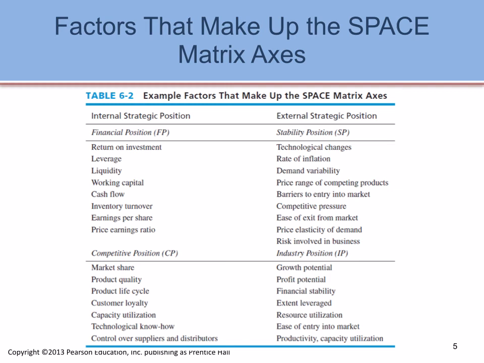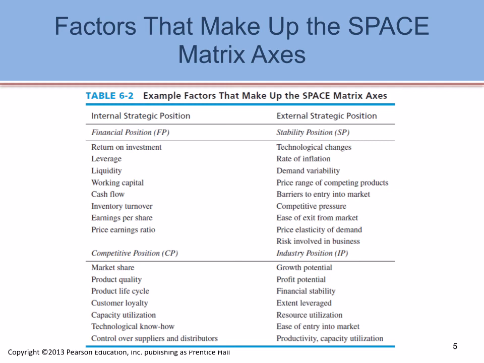So in this table, I'm already giving you those factors that make up the SPACE matrix axis. By looking at these factors, you should know where FP is positioned on the SPACE matrix, or where SP is positioned. Is it on X positive, X negative, Y positive, or Y negative?